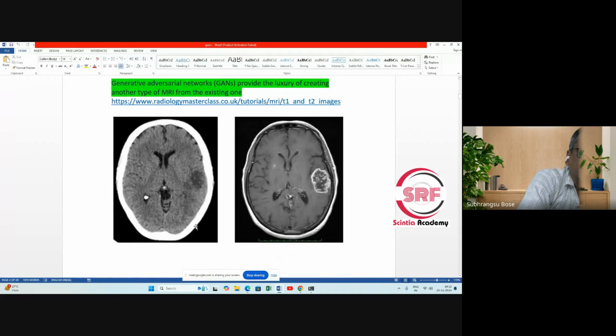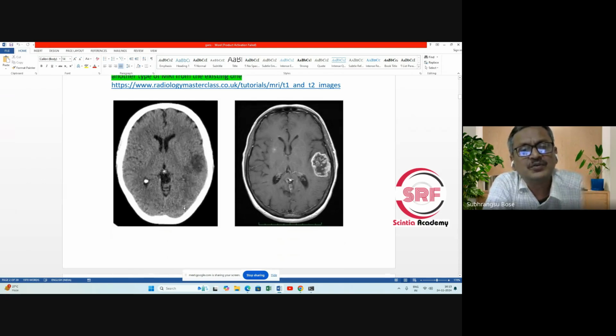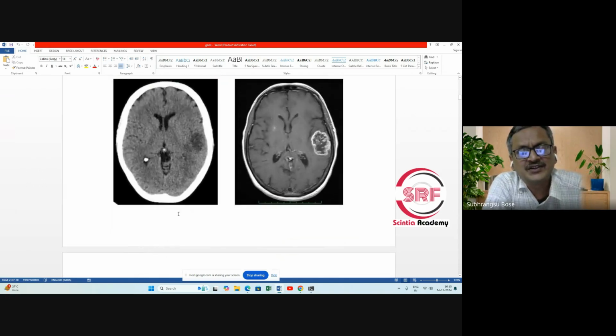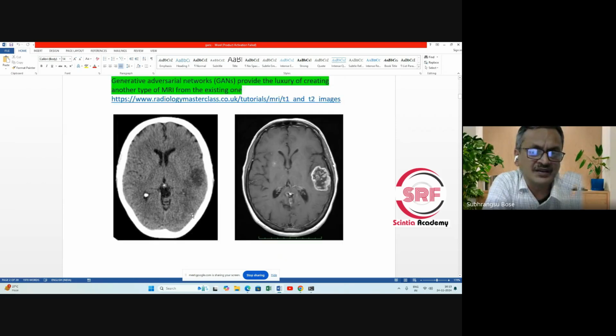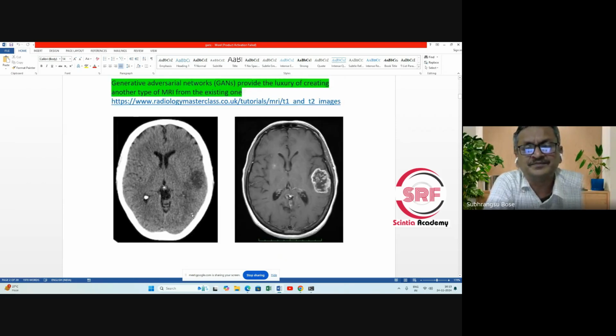If we take 5 or 6 or 7 MRIs, then it is 30,000, 35,000 for the brain. But using these GAN tools, we can create 2 or 3 or 4 different MRI images from one image. It lowers the cost.